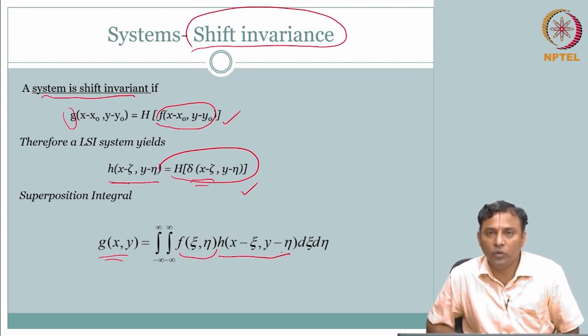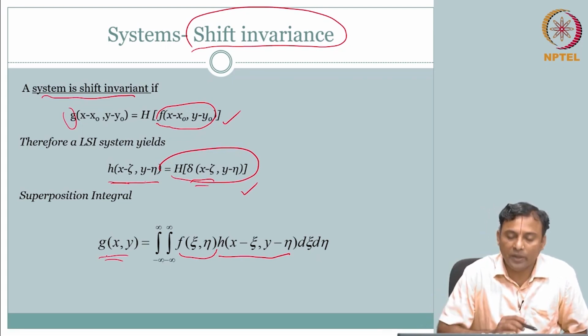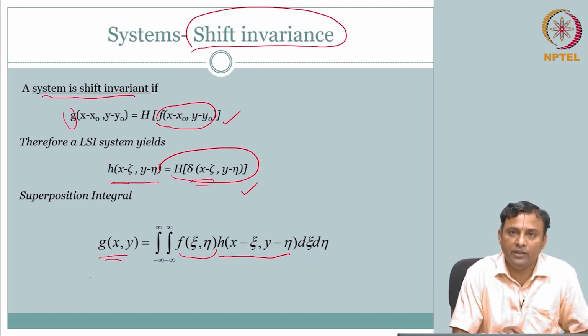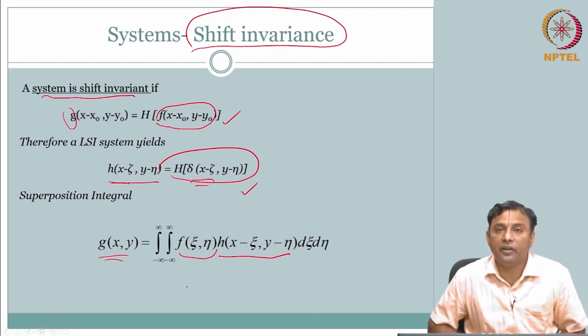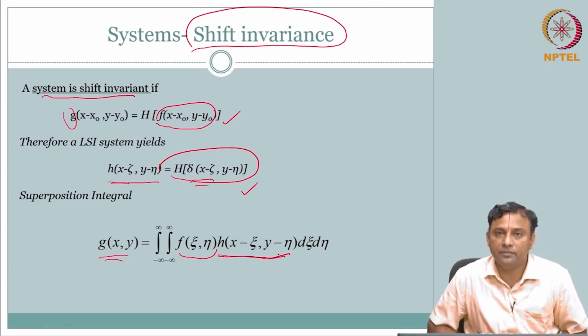So now you notice suddenly it becomes a little more tractable. I can get my g of x comma y, similar concept, with f of theta comma eta in terms of my h.